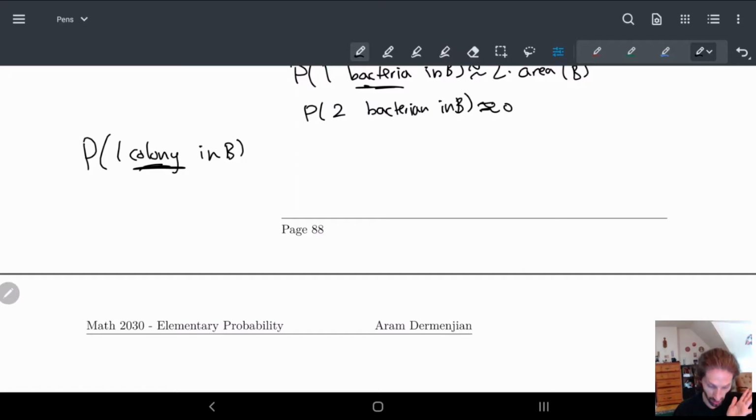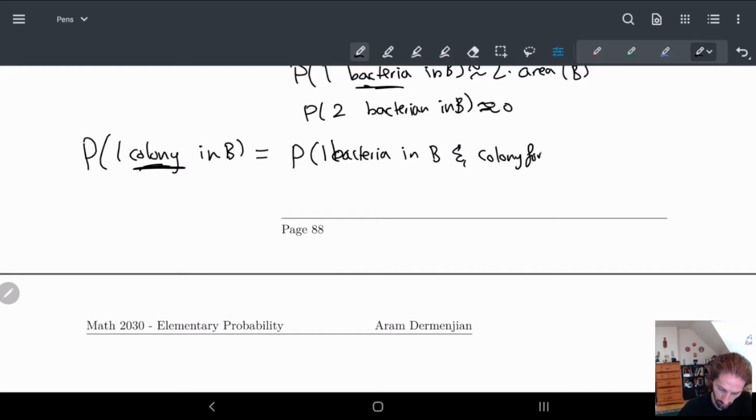So this is just the sum over all these things multiplied by the probabilities. You have one bacteria in B and colony forms, plus 2 bacteria and colony forms.